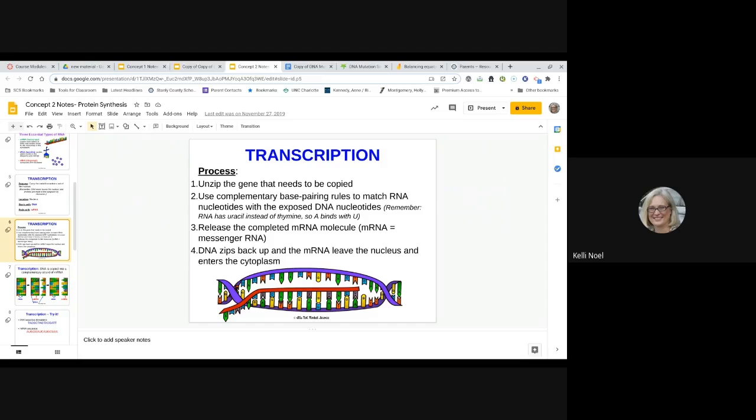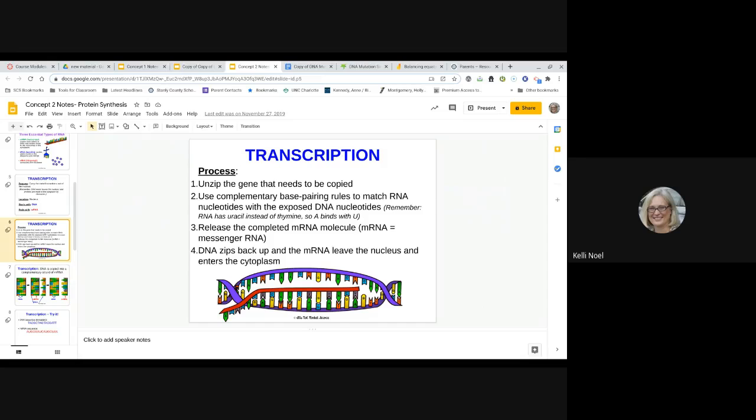So that first blank in number 2 is complementary. And then the second blank is match RNA nucleotides to what is exposed of the DNA nucleotides. When RNA comes to an A on the DNA, it will put a U on the RNA strand. It doesn't use thymine. A will bind with U.